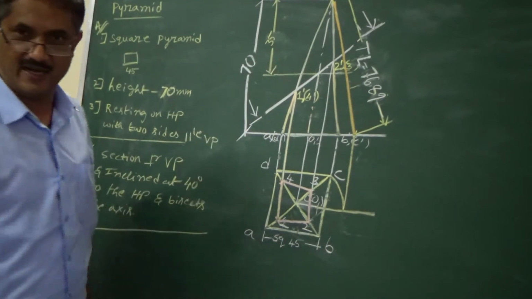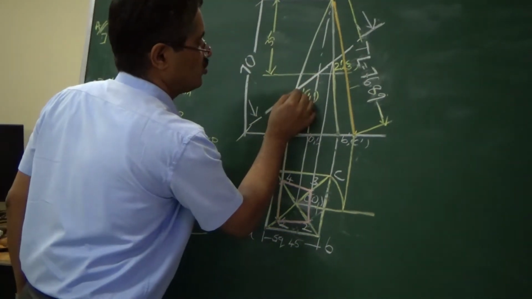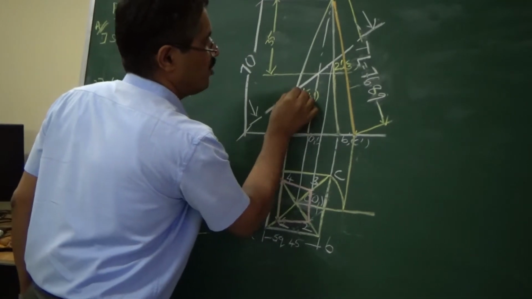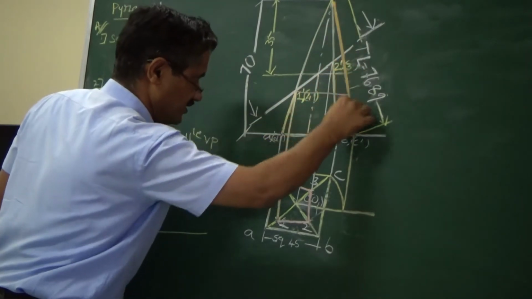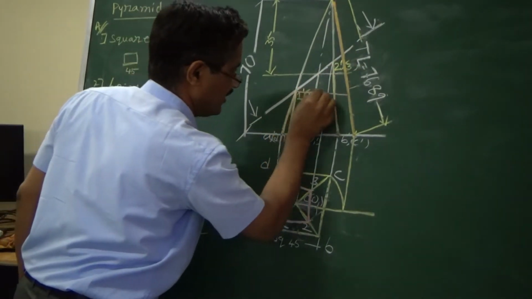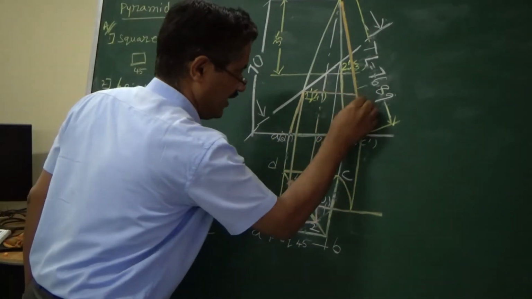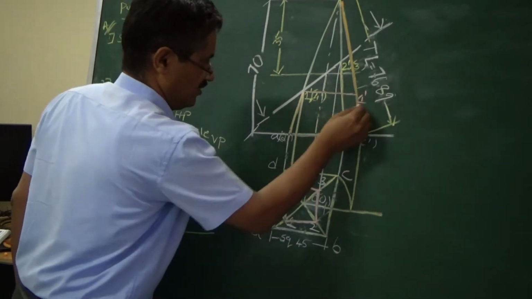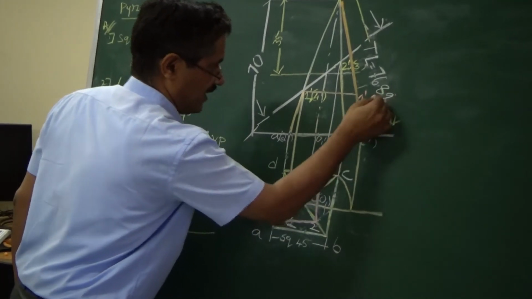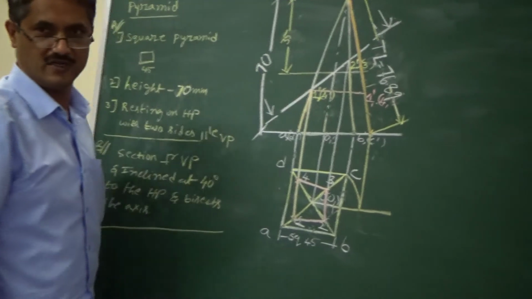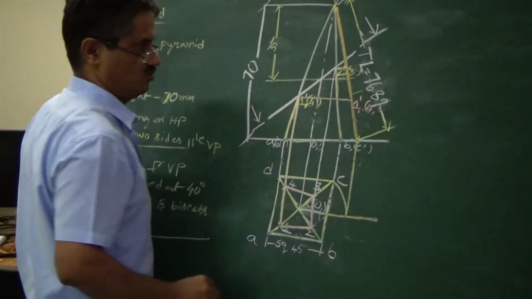Before taking the radial line method, you have to transfer these points onto the true length line. Now take this point to the TL line. This is our TL line. You have to transfer each point to the TL line. Now if I transfer this point, I get 1 1 dash here, and this is your 4 1 dash in the bracket. Means I have transferred these 2 points to this plane. Similarly, you have to transfer 2 and 3 points also.